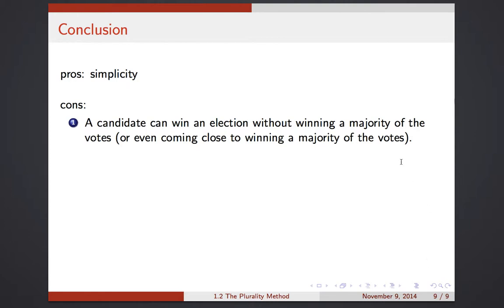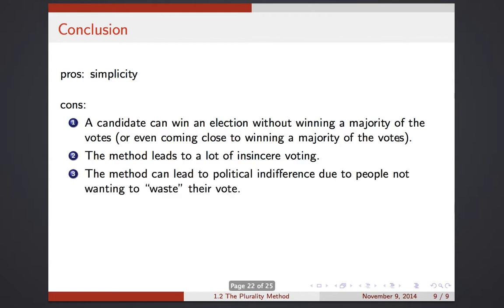You can win without winning a majority of the votes, or even really coming close to winning a majority. So there have been votes in this country where one candidate only wins like a quarter of the votes. But because there are so many candidates, that candidate still wins, right? So you can not even come close to winning a majority and still win.